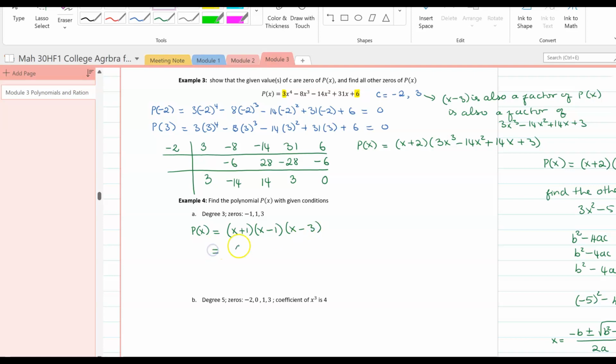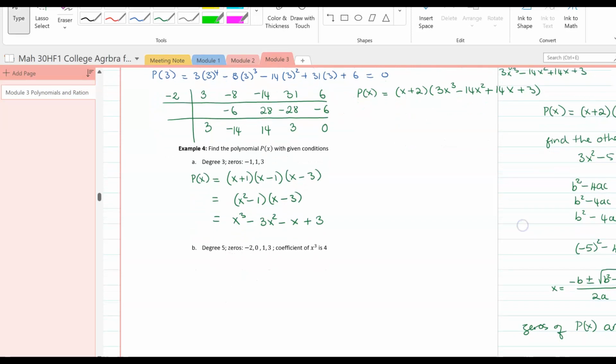We will expand this out. That is x to the third minus 3x squared minus x plus 3.